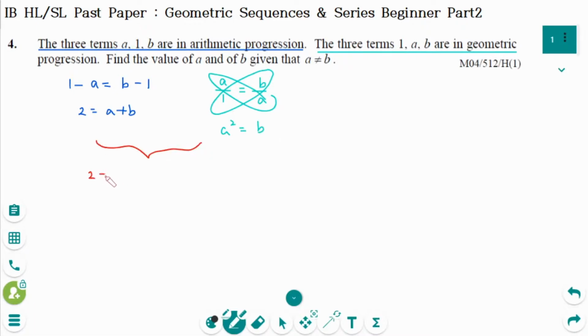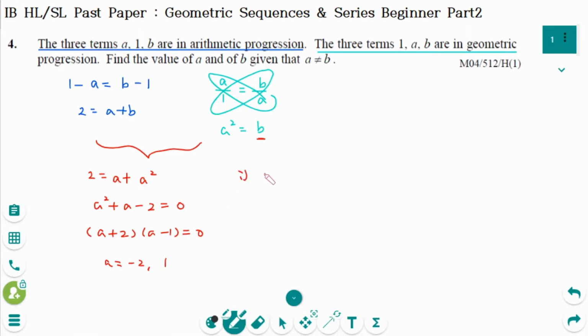So 2 equals A plus B means A squared. Then A squared plus A minus 2 equals 0. Then we can factor: A plus 2 times A minus 1 equals 0. So A equals minus 2 or 1.